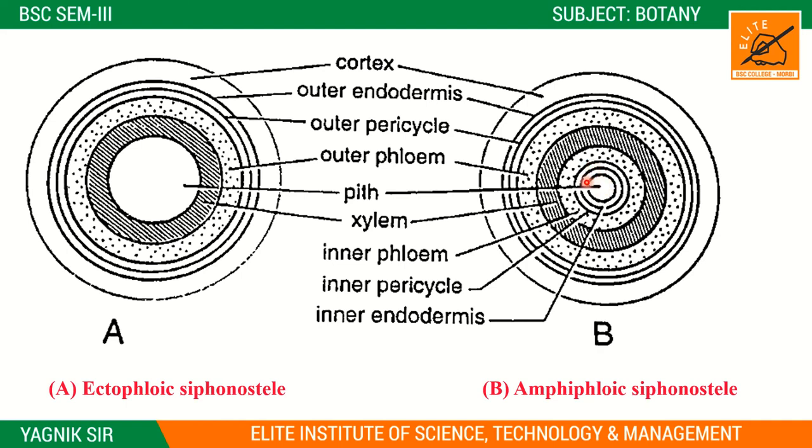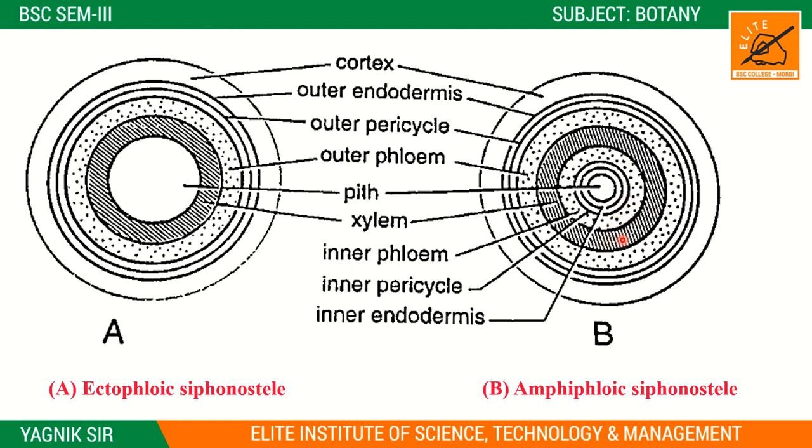So normally the center part has this pith, and this pith is a very small region anatomically, right? A very small region of pith, and this pith is surrounded by the inner endodermis, inner pericycle and inner phloem, right?